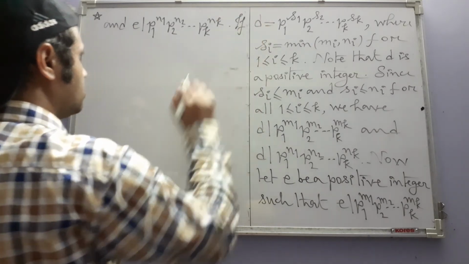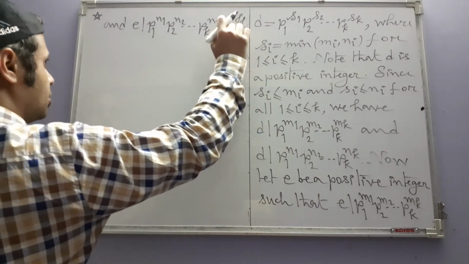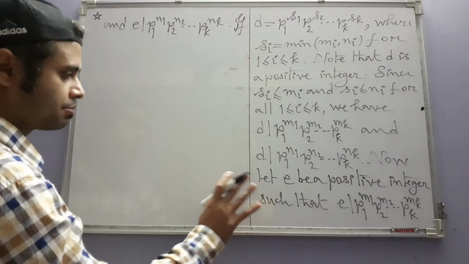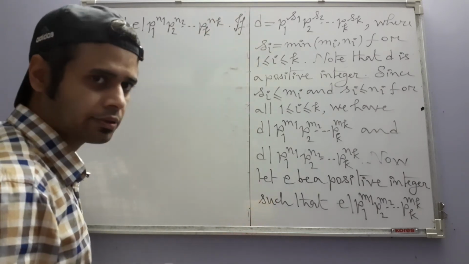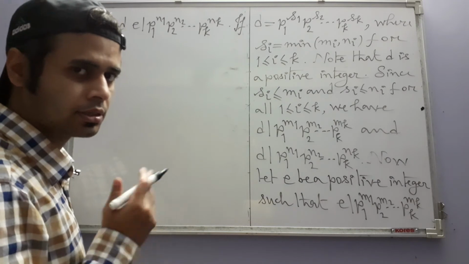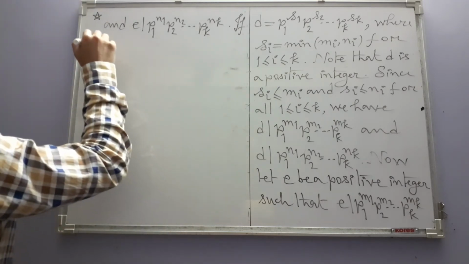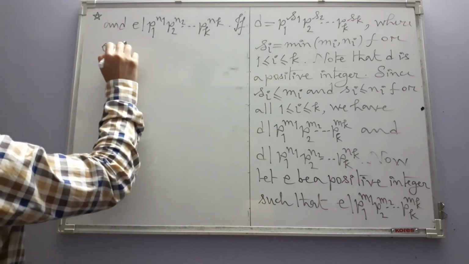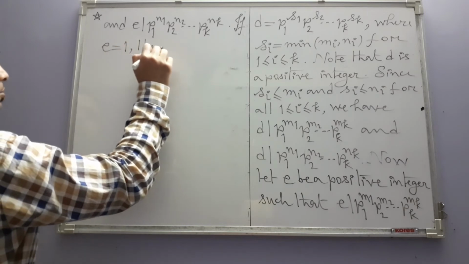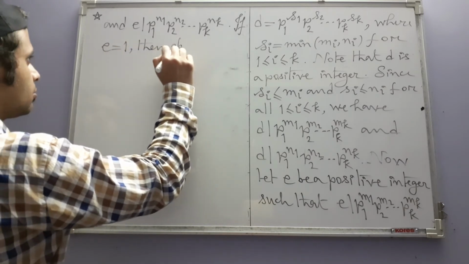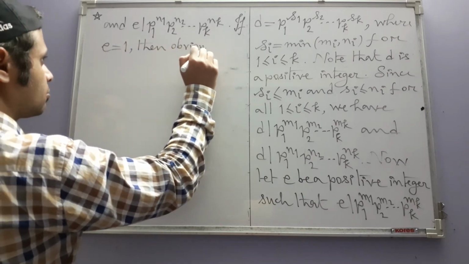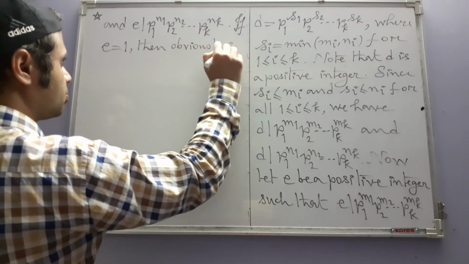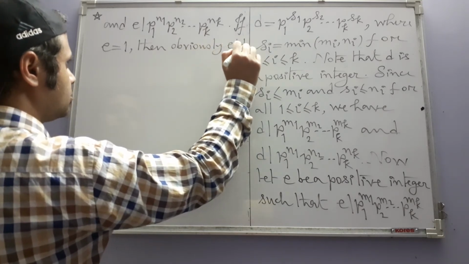E has been chosen to be a positive integer, so either it is equal to 1 or it is greater than 1. If e is equal to 1, then obviously e divides d.